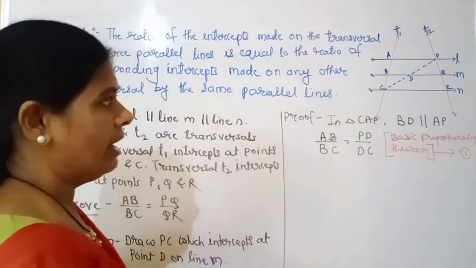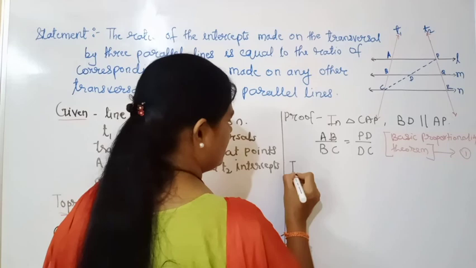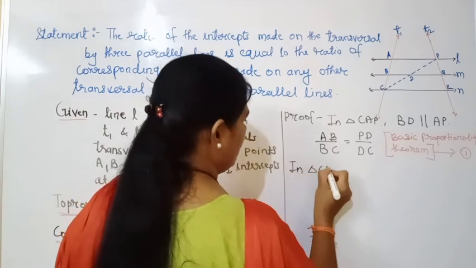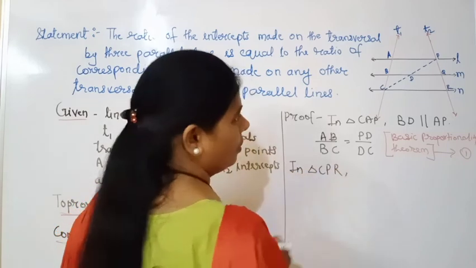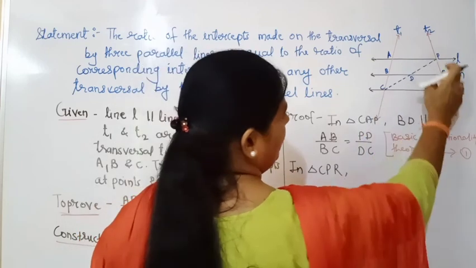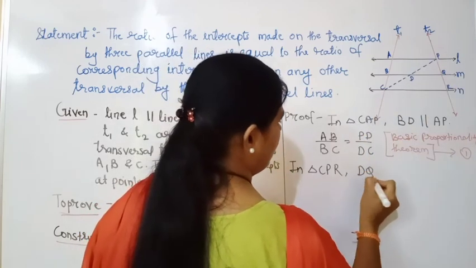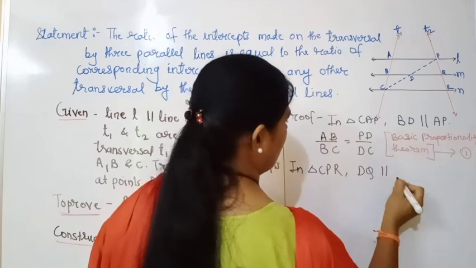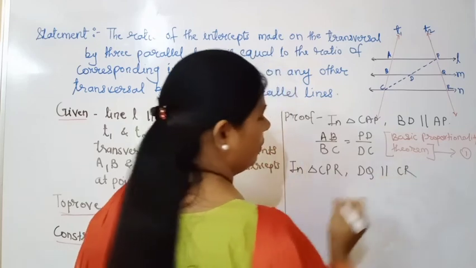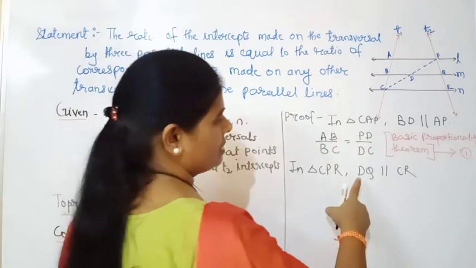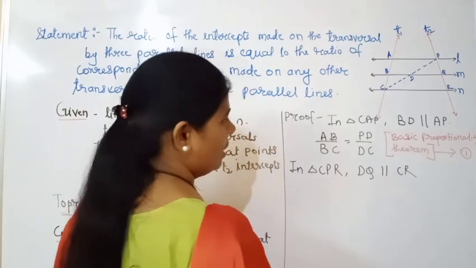Now we will take the next triangle, that is triangle CPR. In this triangle CPR, which lines are parallel? DQ is parallel to CR.